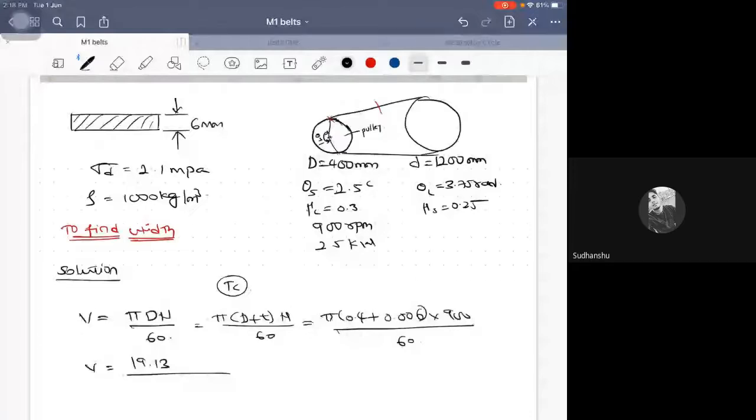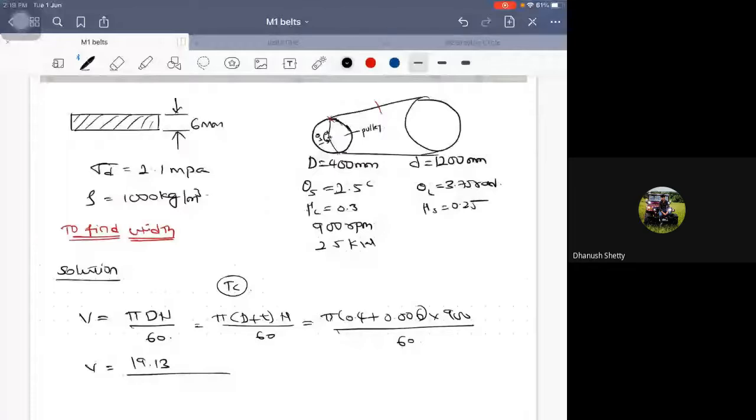Girish? Dhanush? Shetty? Dhanush? Switch on your mic, no? Switch on your mic, Dhanush.